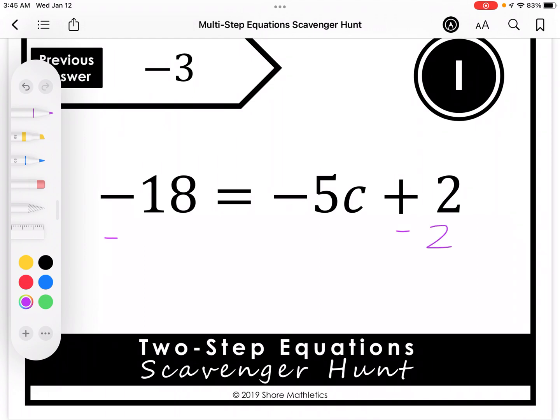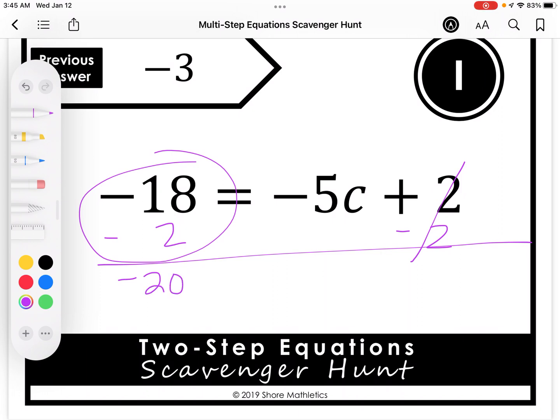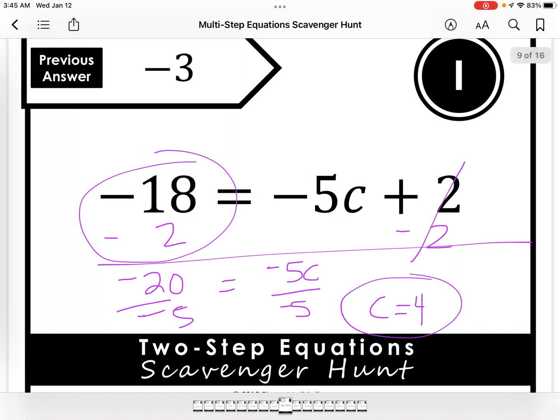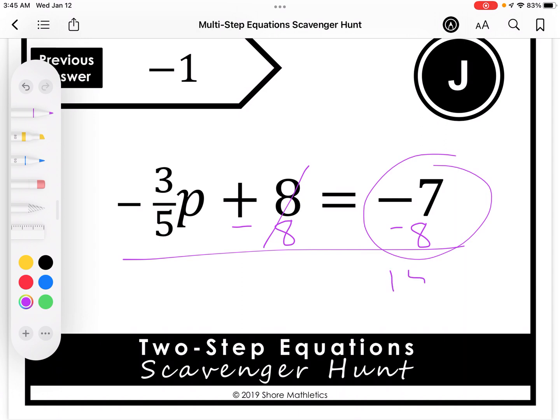I'm going to subtract 2 on each side, because remember, the goal is to get that variable by itself. So I'm going to add because the signs are the same. Divide by negative 5. When the signs are the same, my answer is going to be positive. So c equals 4. Subtract 8. Signs are the same, so I'm going to add. Multiply by negative 3/5.